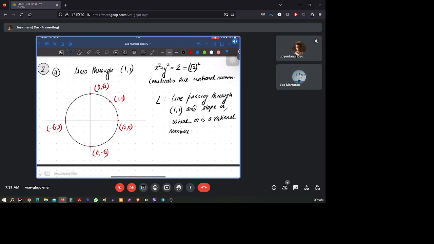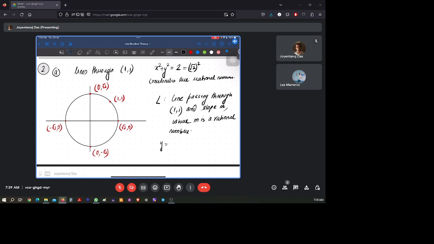Yes, but that has to also pass through 1 comma 1, so that condition is there. Now, the point slope form of a line we have. But the slope at 1 comma 1 is not 1? No, the slope of the line is fixed. That is m, so the general equation you can take.